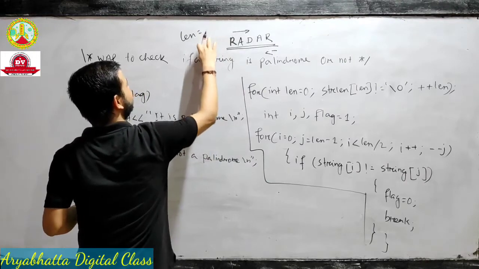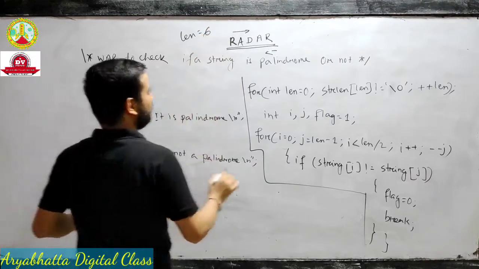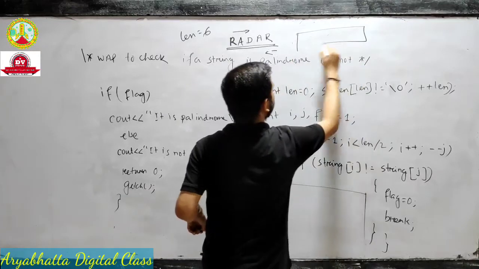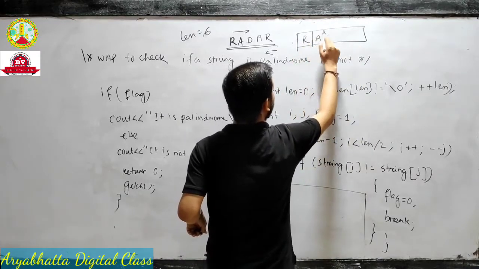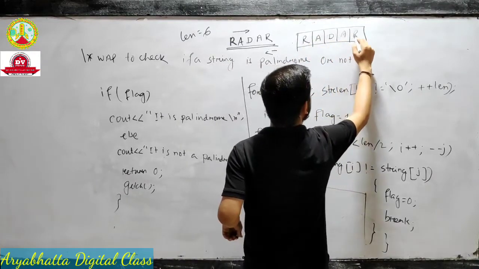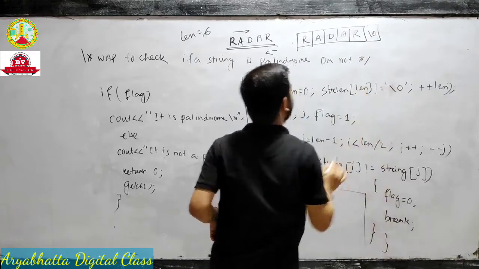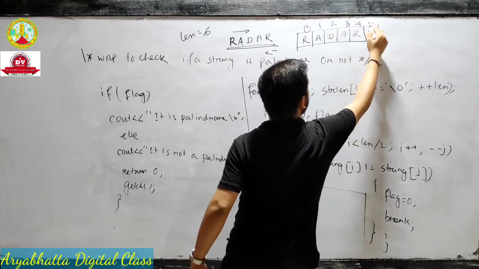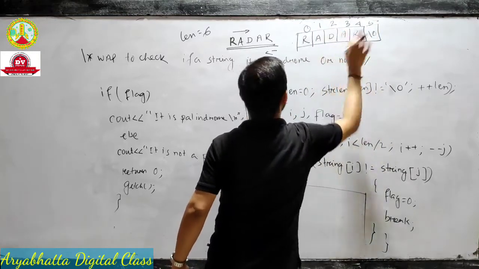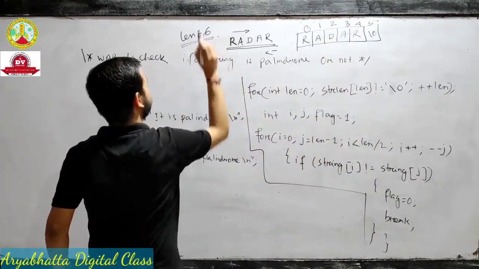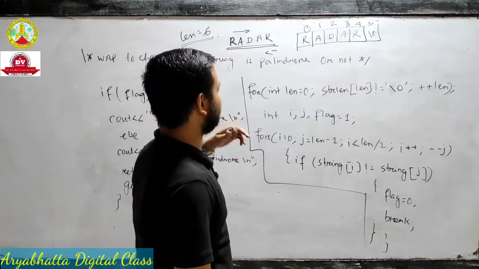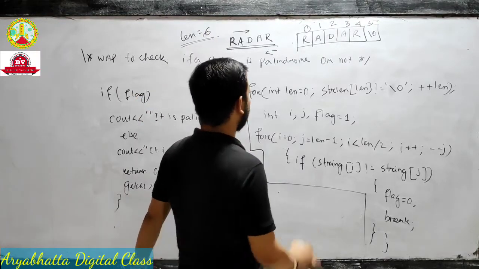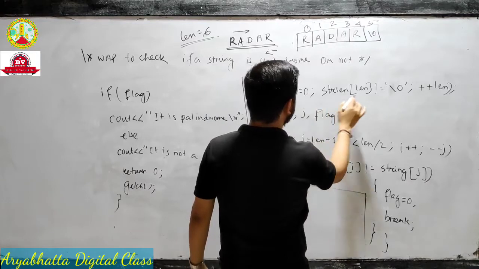Basically 6. Why 6? Because you see RADAR and the last one is occupied by \0. Counting 0, 1, 2, 3, 4, 5, or 1, 2, 3, 4, 5, 6, len is 6. You just remember len is 6, the length.